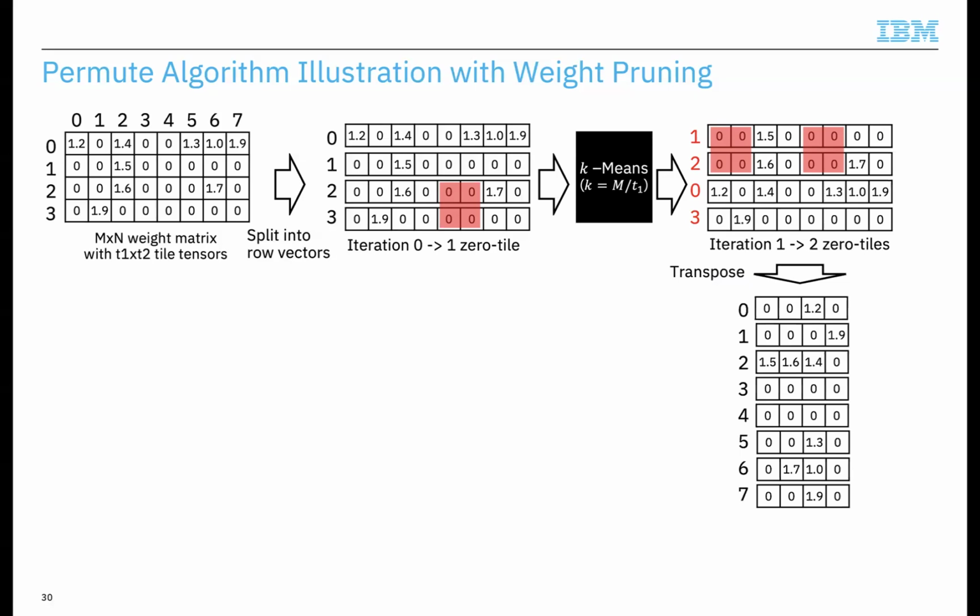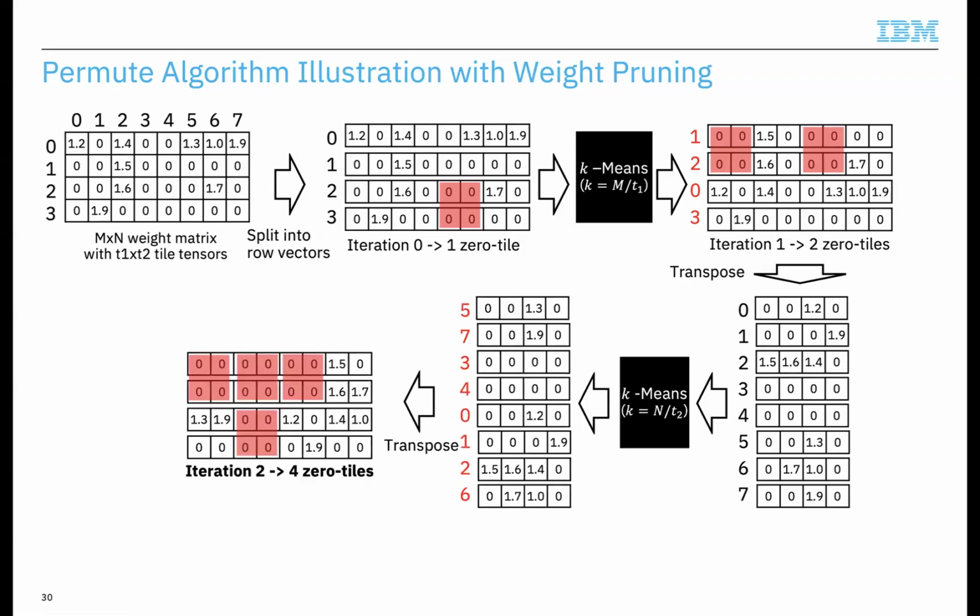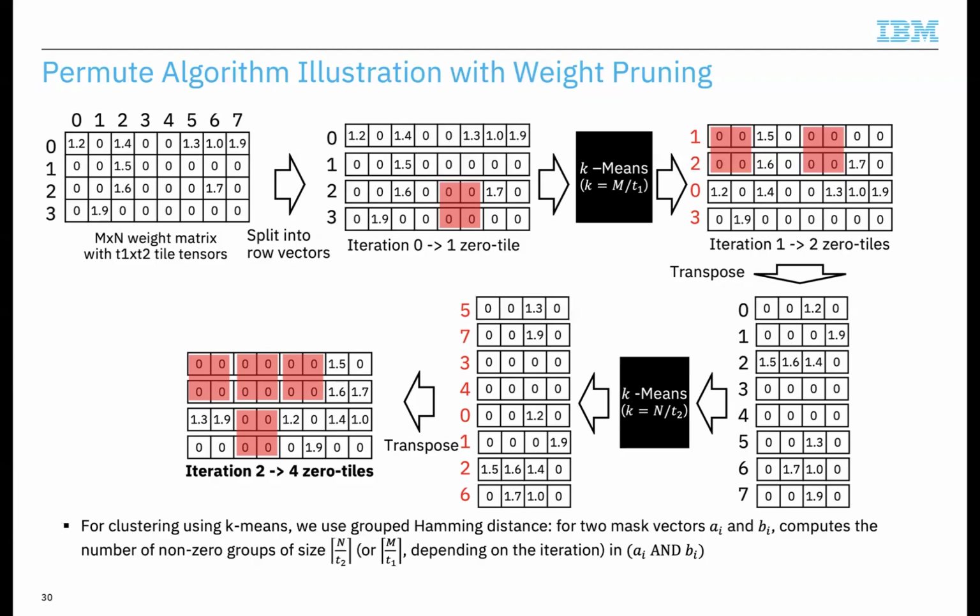So what you do is transpose it, treat the columns as the rows, and run it through the k-means algorithm again. And it gives you another reorder. If you keep doing it, you would get the maximum number of zero tiles. There is no formal proof of convergence in our paper, but empirically, for all the workloads I've evaluated, there has been convergence using this method.